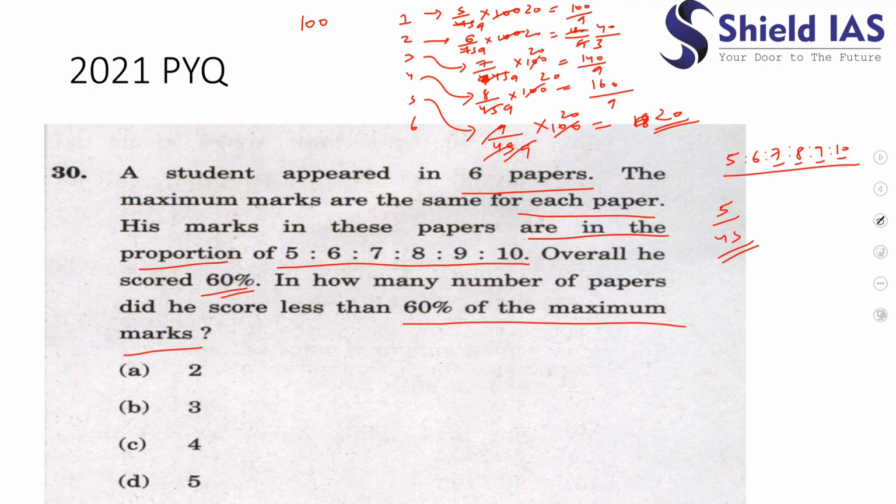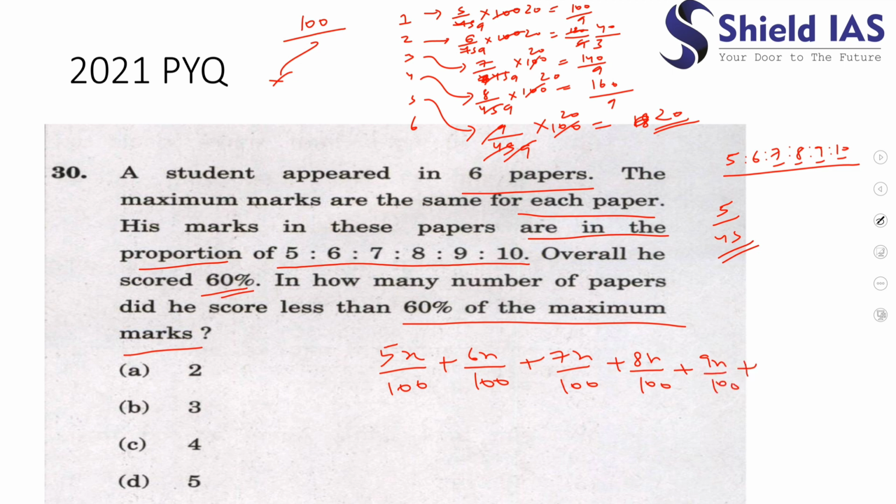In how many papers did he score less than 60% of the maximum marks? 60% of the maximum marks would be how much? Am I missing something? Yes, I am missing something. 5x by 100 plus 6x by 100 plus 7x by 100 plus 8x by 100 plus 9x by 100 plus 10x by 100.